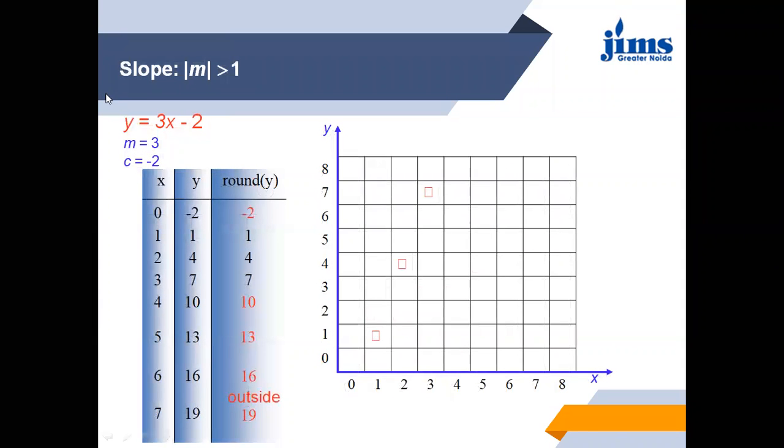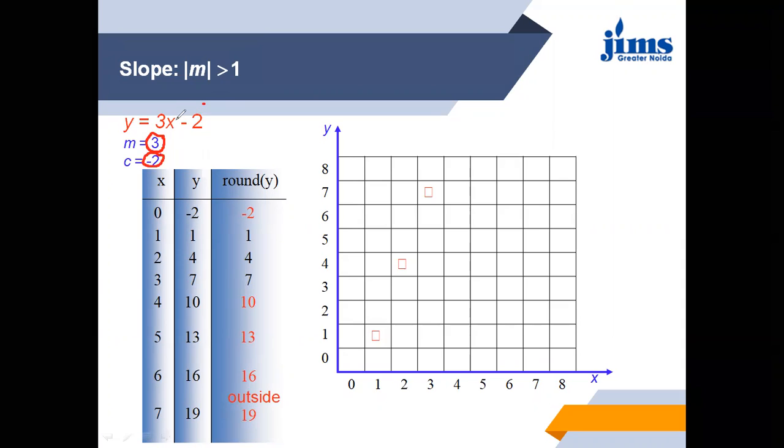So let us see that also. From here we can see that the value of m is 3, and c is equal to minus 2.